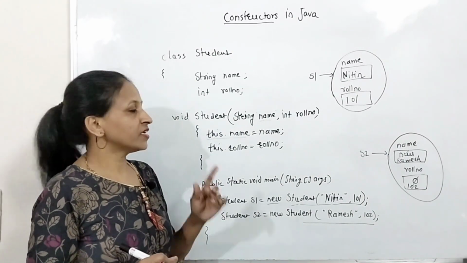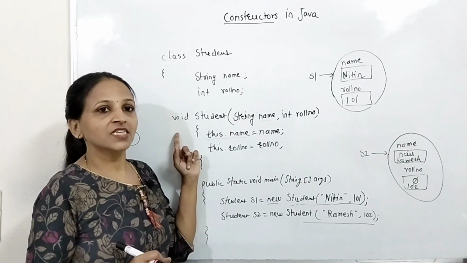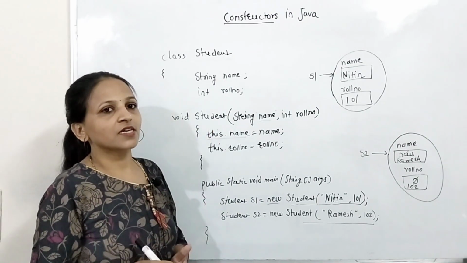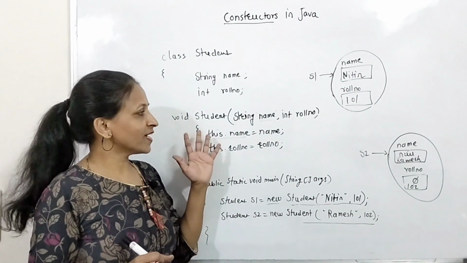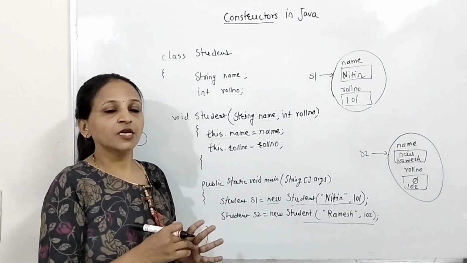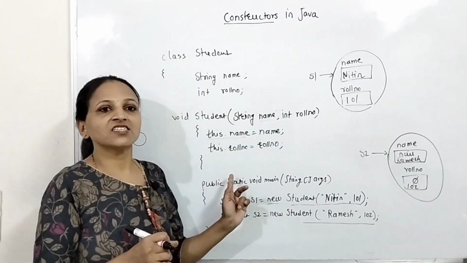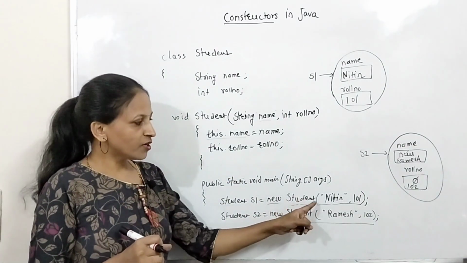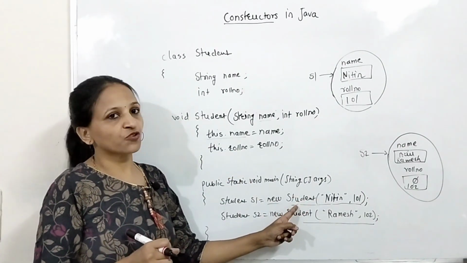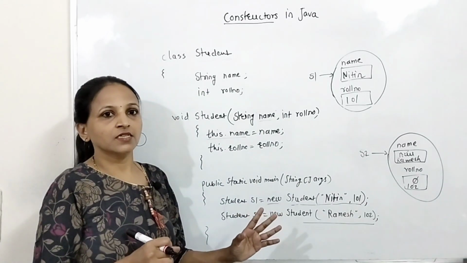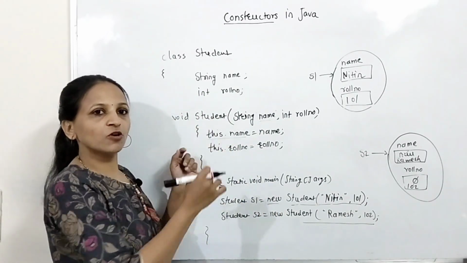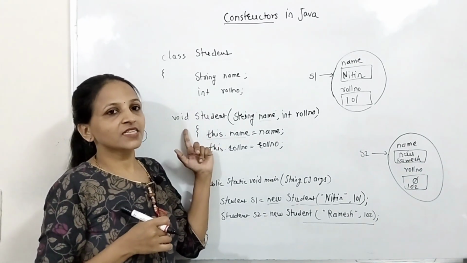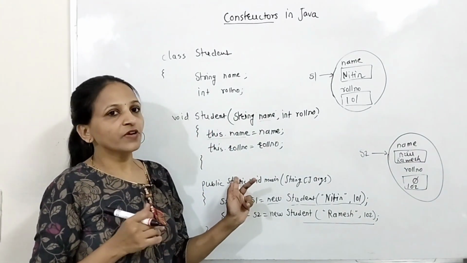If you write void here, the meaning is that this is not a constructor, this is a method of the class. You will not get any error in this case, but this will not be treated as a constructor. You cannot pass arguments while creating an object in this case, because now this class does not have this constructor. Here, because you are providing a void return type, you will not get an error at this place.